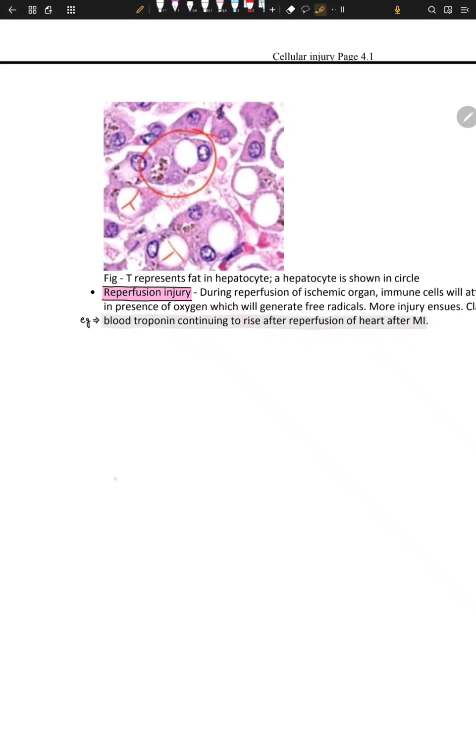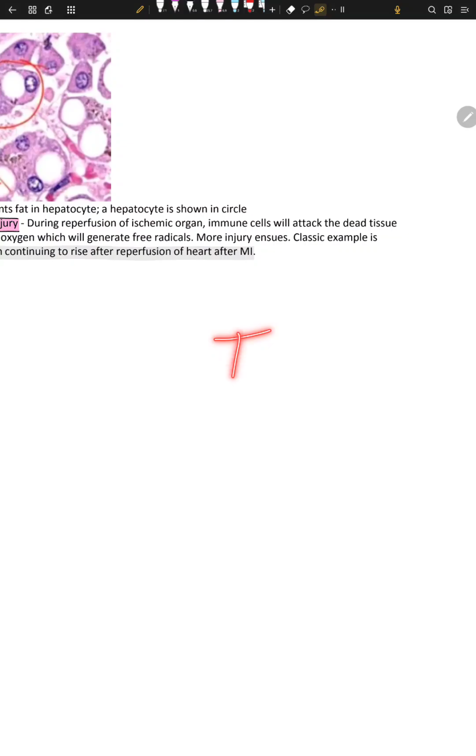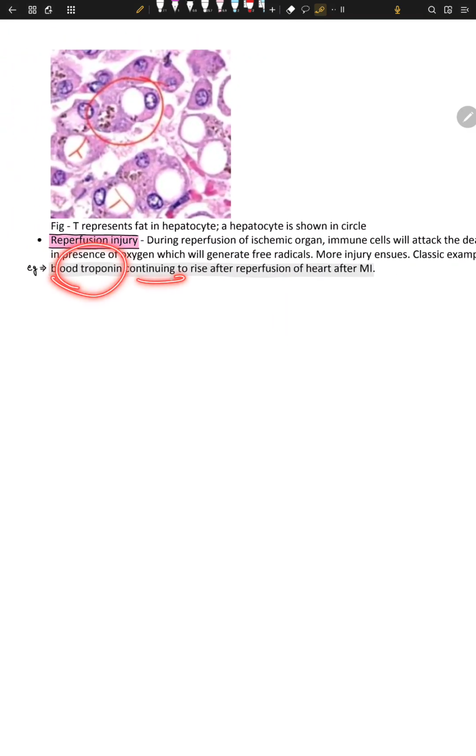For example, you just had an MI, and you check the troponin levels, which are through the roof. Then you check again after like 2 hours, and the blood troponin levels are still through the roof. This is why the blood troponin level continues to rise after reperfusion of the heart.